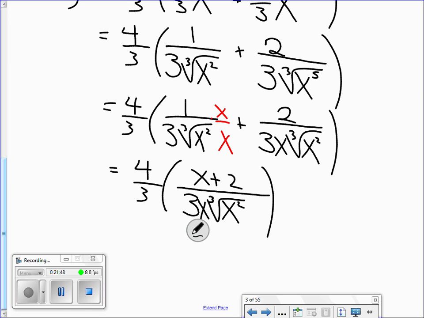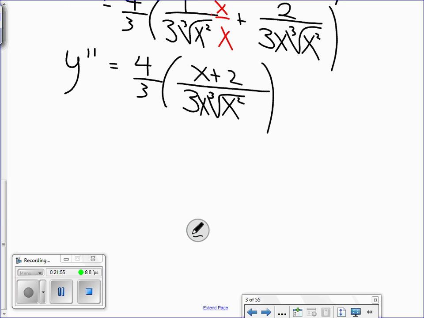All right, here's our second derivative. Now, what values of x make the second derivative equal 0? Yes, negative 2. So the second derivative equals 0 when the numerator is 0, so when x equals negative 2. What value or values of x make it undefined?